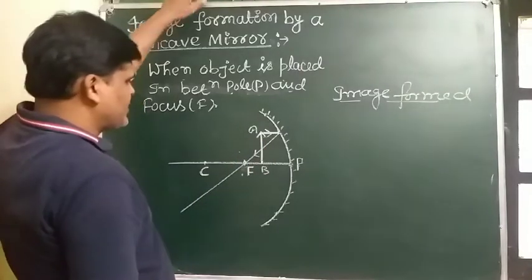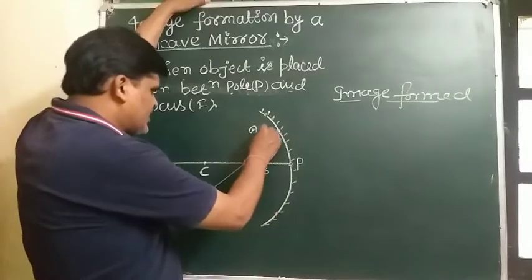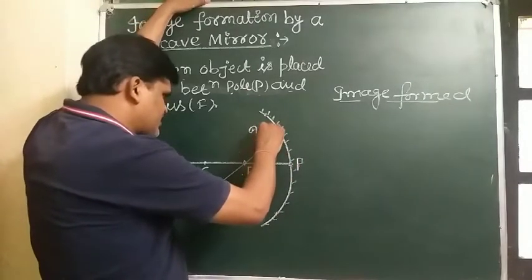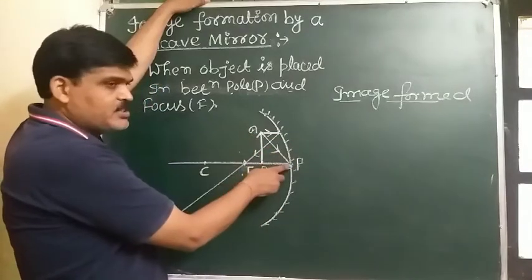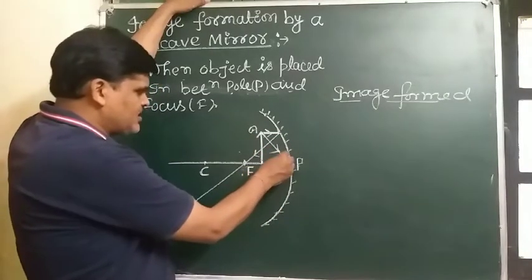Another ray of light strikes the pole, and this is the angle of incidence.